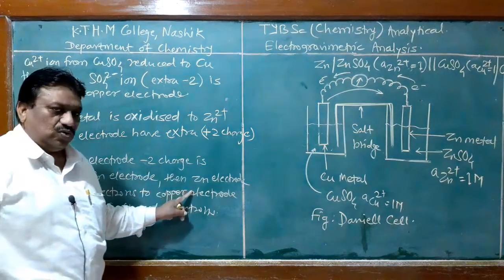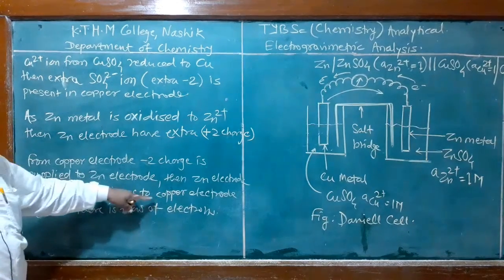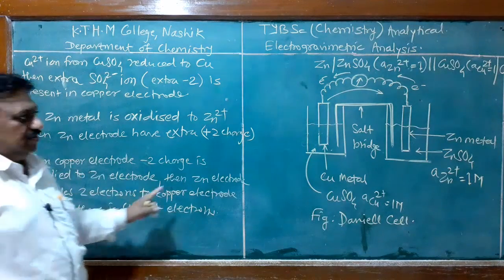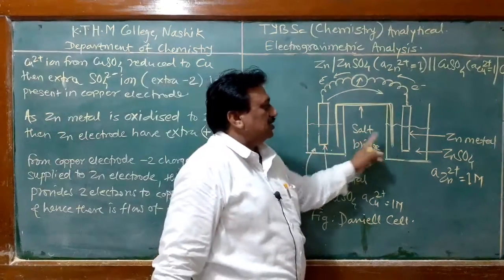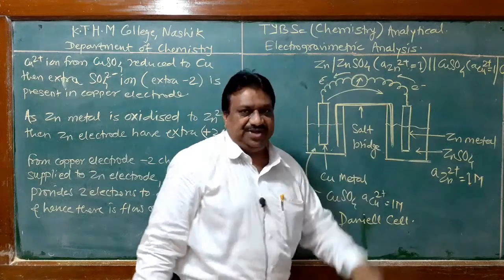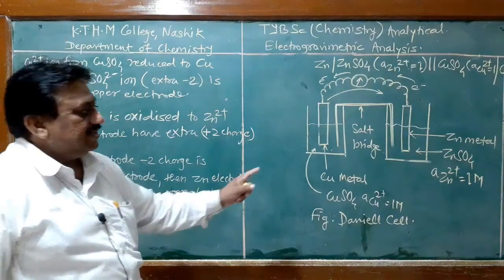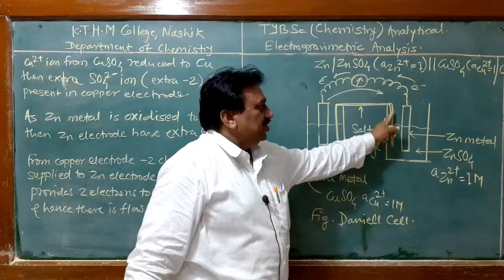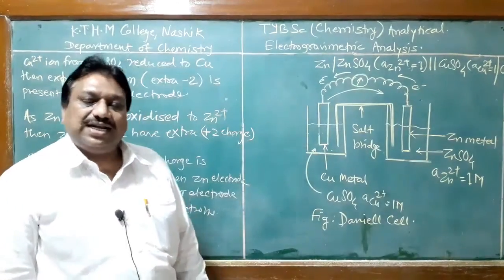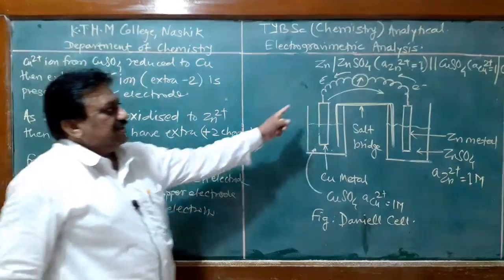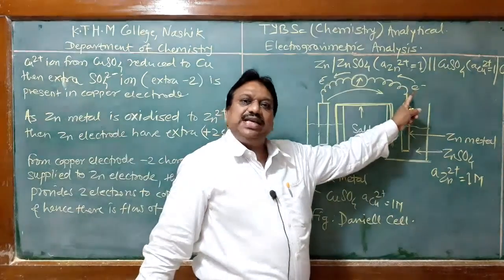to the copper electrode, and electron flow takes place when these 2 electrodes are connected by a salt bridge. Therefore, the salt bridge is a device used to transfer the charge from one electrode to another electrode. And this external circuit transfers only the electrons.